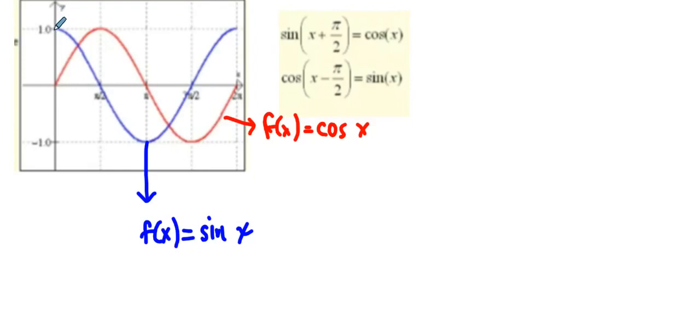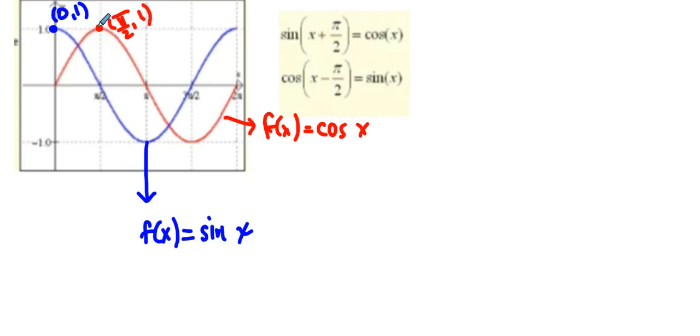So if we look at our graph, this is saying that the sine function always catches up. So let's say this here is the point 0, 1 in the cosine. This is the point pi over 2, 1.